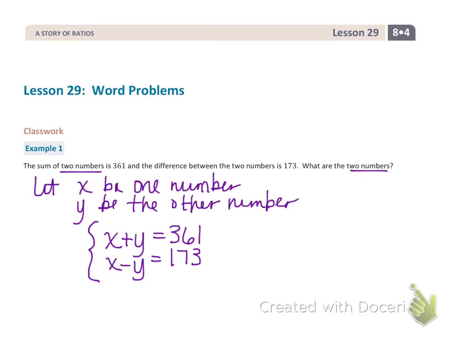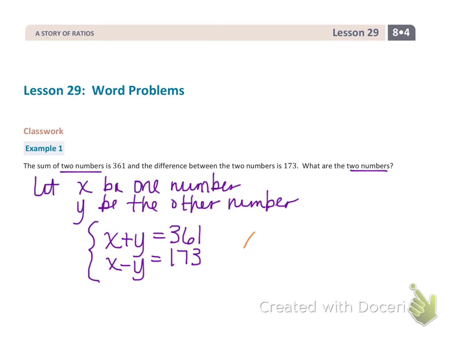So think about what could be your strategy for finding a solution. For this one, we can notice that the y terms have opposite coefficients. So I've got a positive y and a negative y. So I can use elimination to get to my next step.